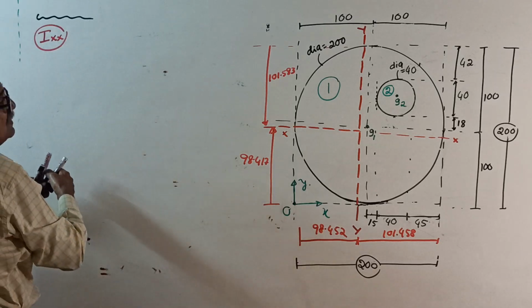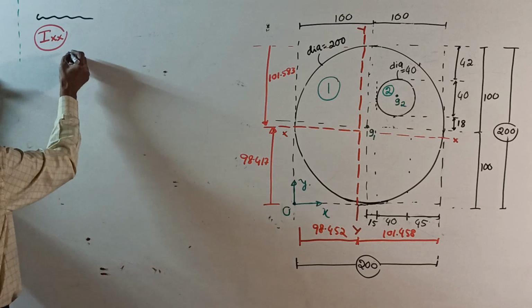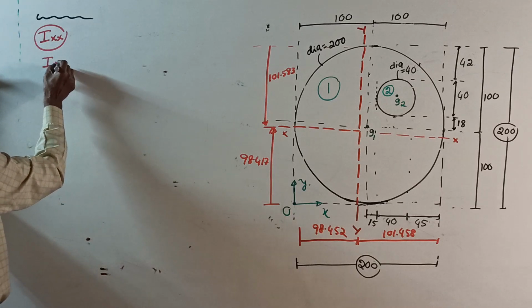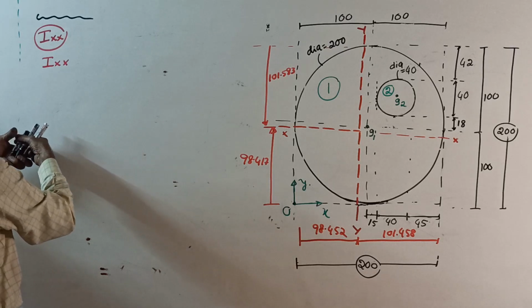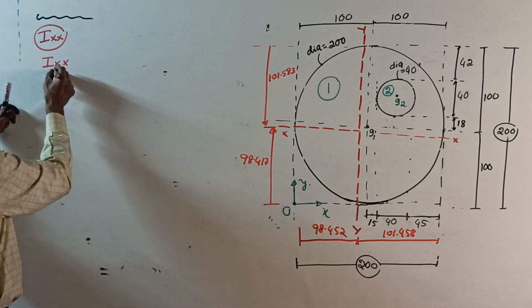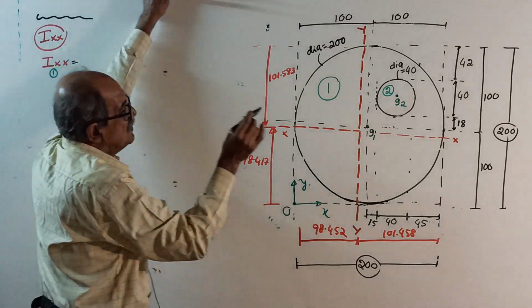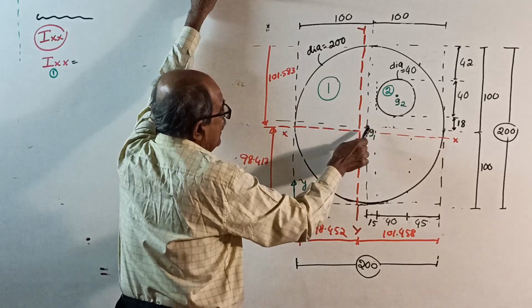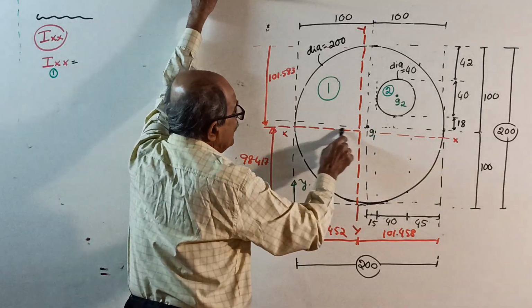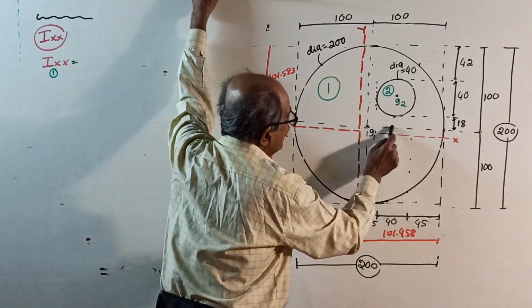Ixx for 1, where 1 means the full circle. Come to the centroid axis passing through the centroid, parallel to the x-axis, this axis.